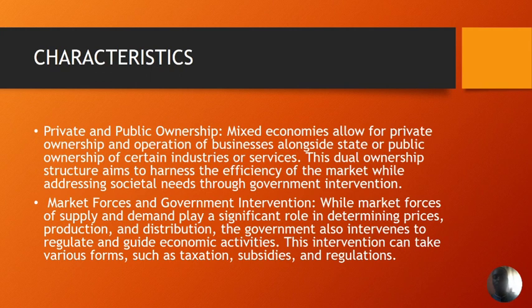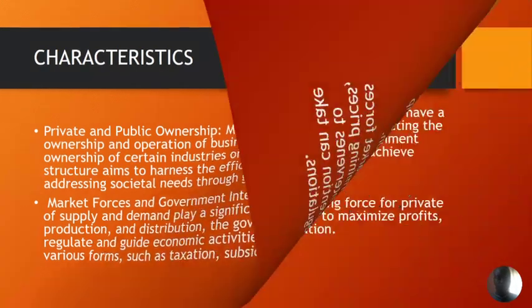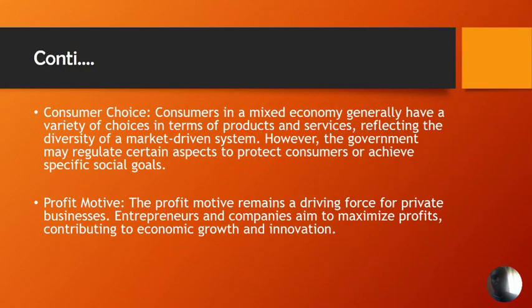How they have to play together and play a significant role in the distribution of goods and services in the economy. Then we have consumer choice. Consumers in a mixed economy generally have a variety of choice in terms of products and services because they have the benefit of both worlds, reflecting the diversity of the market-driven system. However, the government may regulate certain aspects for the consumers or to achieve a specific goal.